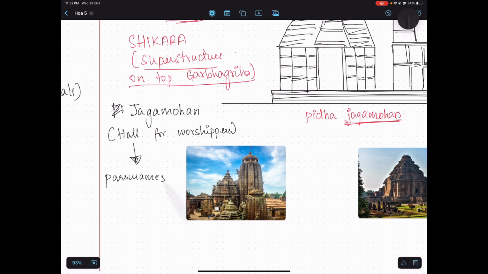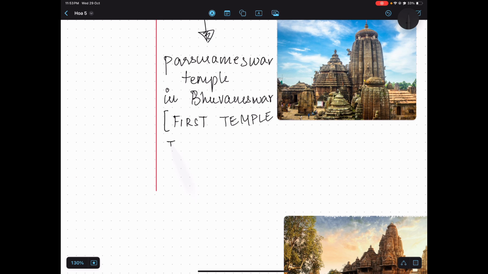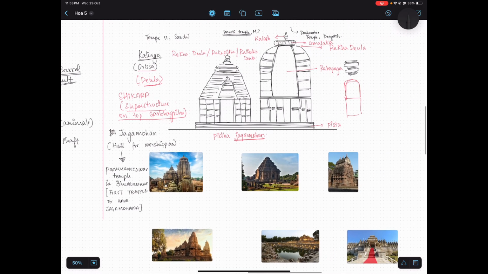Parashurameshwar temple is the first temple to have Jagamohana. So this is Jagamohana, we talked about that.